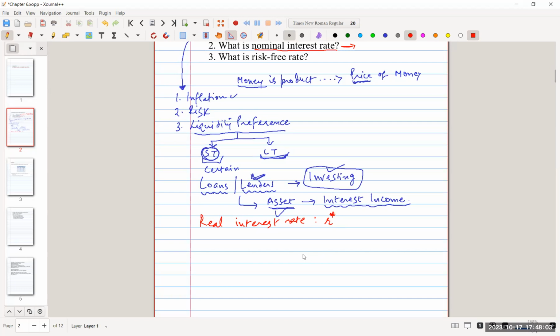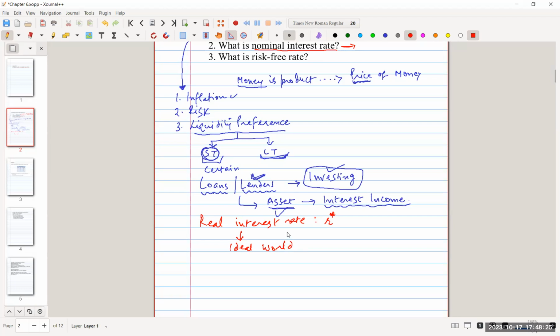Real interest rate, folks, if you try to understand that in as simple a way as possible, it is simply the interest rate which will prevail in an ideal world.